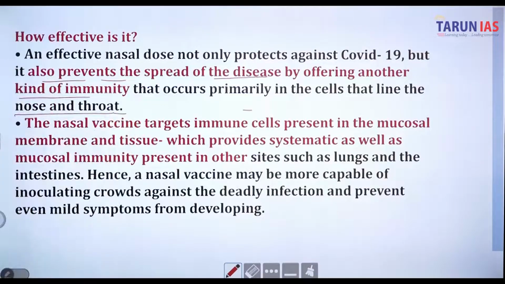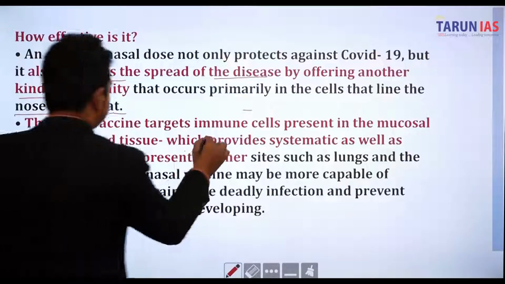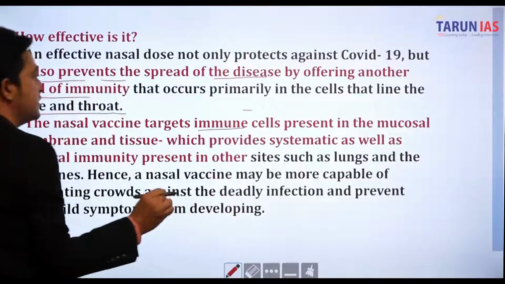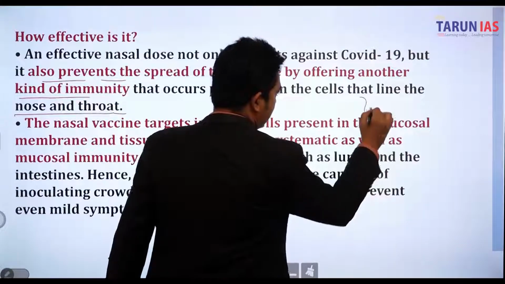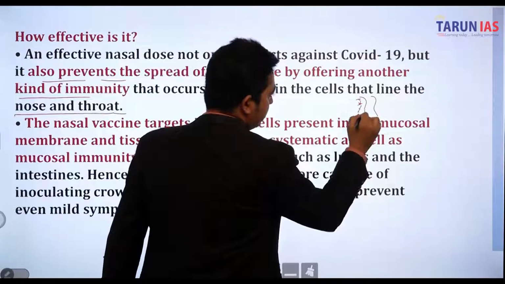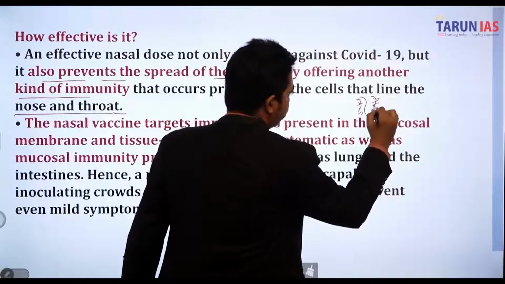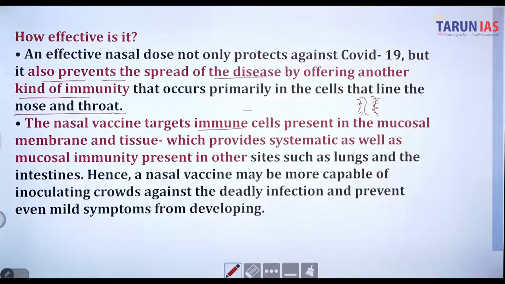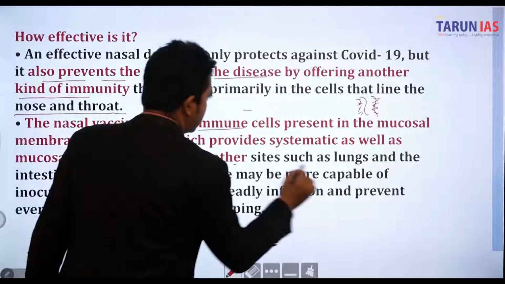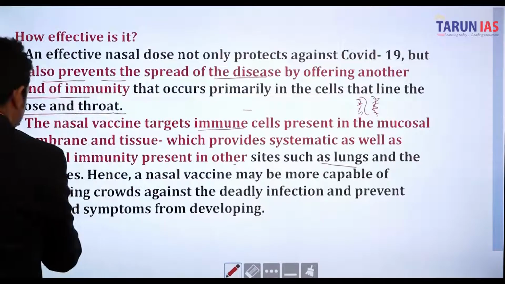The nasal vaccine targets immune cells present in the mucosal membrane, the wet part, and this membrane and tissue provides systemic as well as mucosal immunity present in other sites such as the lungs and the intestines.